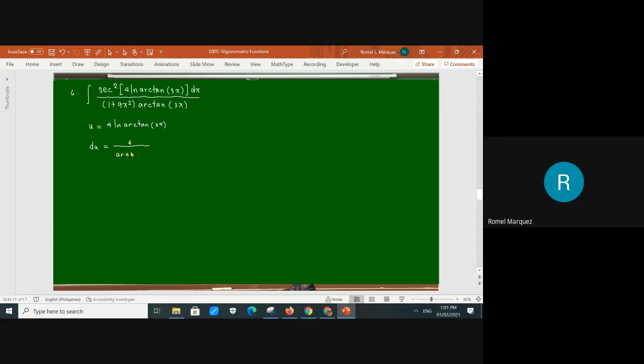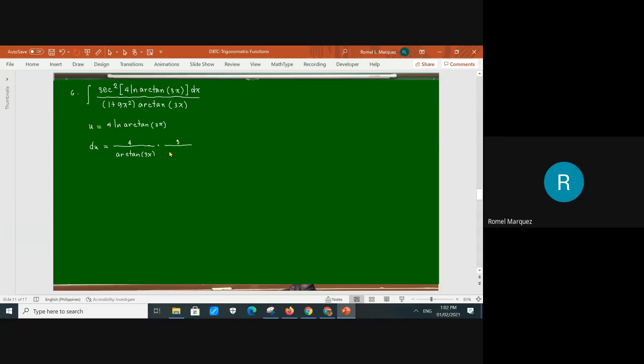What is u? Ang u ng ln is arctan of 3x, but you have to multiply this by the derivative of arctan. Anong derivative ng arctan? Derivative ng 3x. So that is 3 over what, guys?